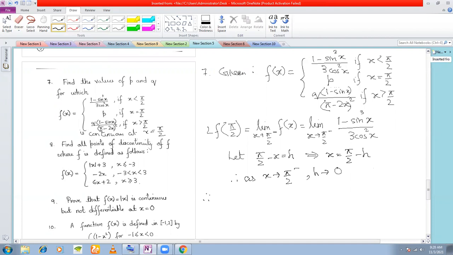Okay, so therefore L f pi by 2 is equal to limit h tends to 0, 1 minus sine cube, put the value of x, pi by 2 minus h, divided by 3 cos square pi by 2 minus h.